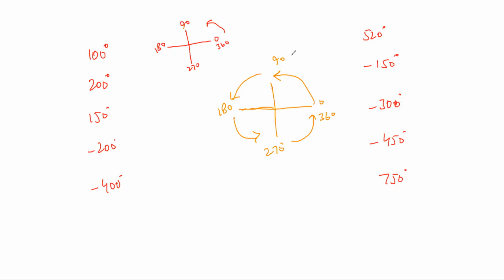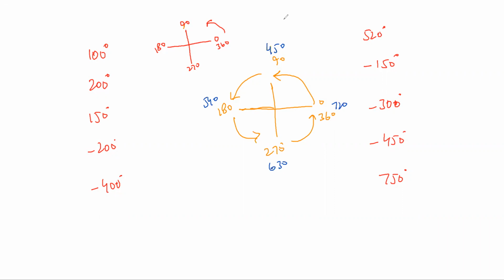Suppose you go into the next revolution, so you will be adding 360 to all of them. Like if I write here, let me write in yellow, no, the yellow is not very clear, this is 450, this is 540, this is going to be 630, this is going to be 720 over here.